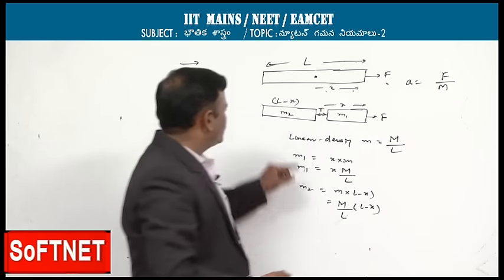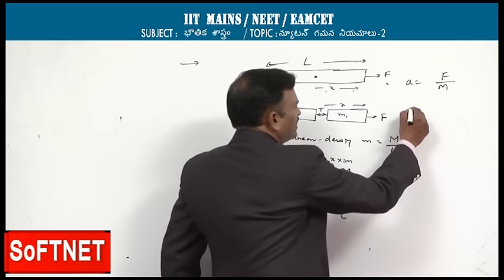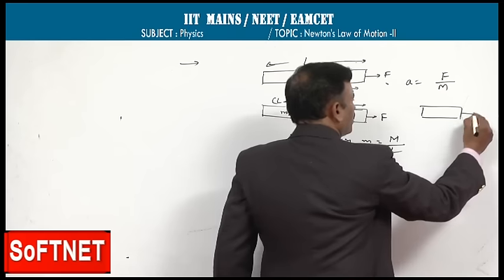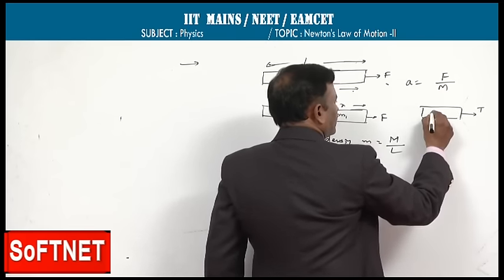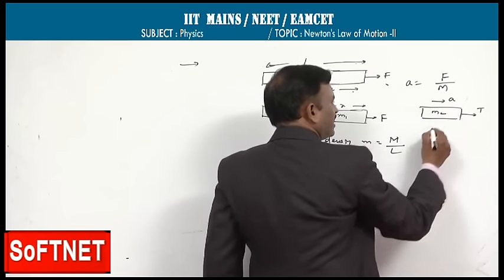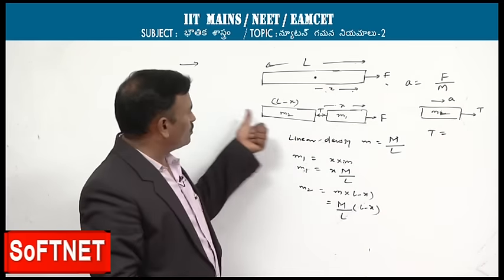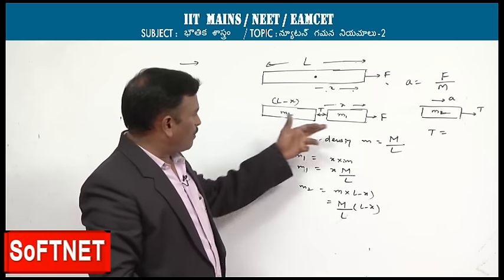Now the condition is we want to find out T. How to find T? Let's see. Free body diagram of the second body: the applied tension is T, the mass is m2, the acceleration is A. There is no other force in the back opposite to the applied force.